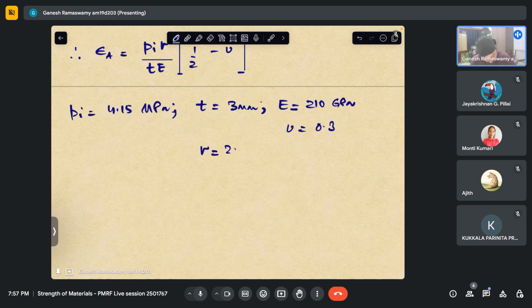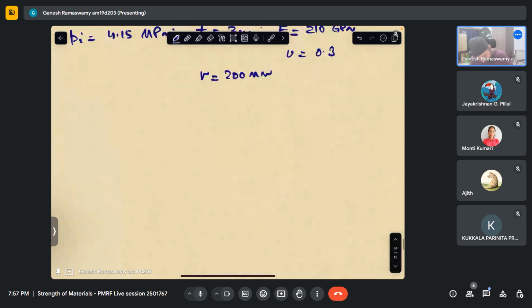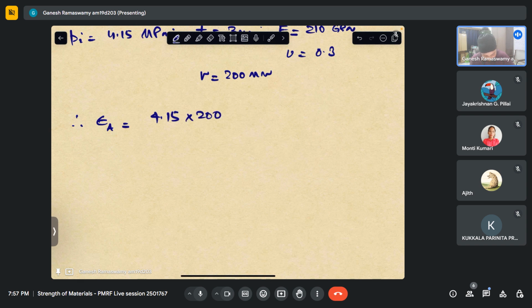So therefore, epsilon A is nothing but P R by T E into half minus 0.3.